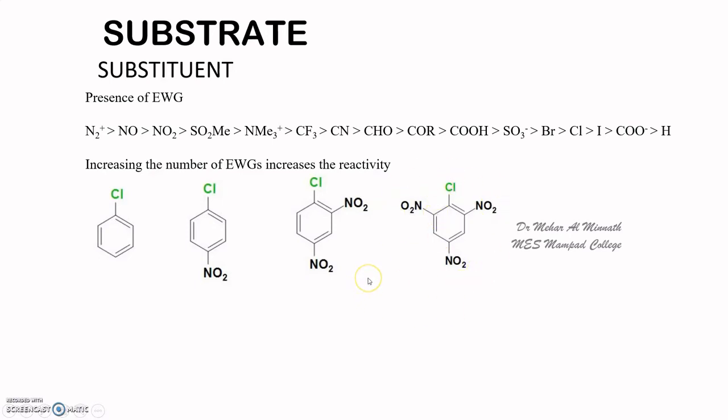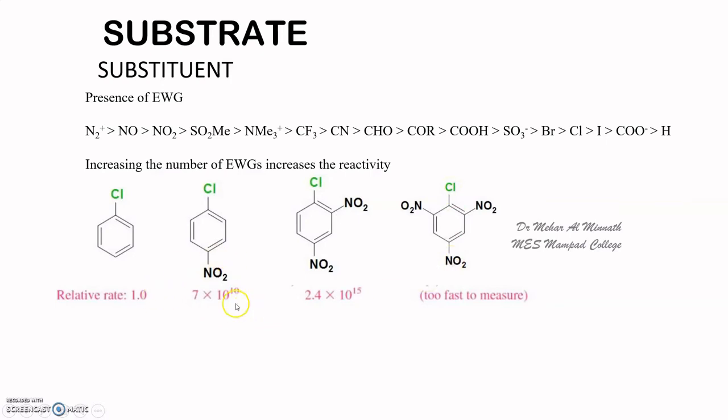When you look at the reaction rates, picryl chloride reacts so fast that we cannot measure the rate of the reaction. It is too fast to be measured.